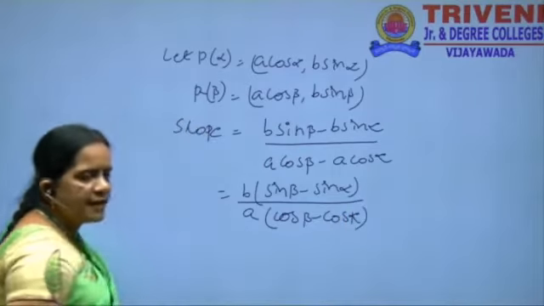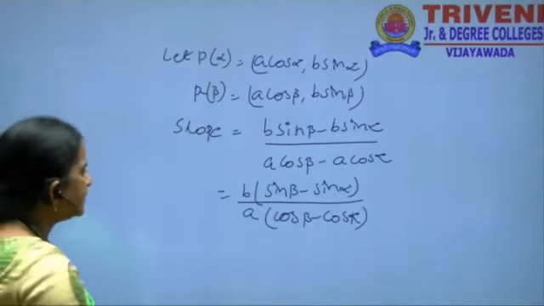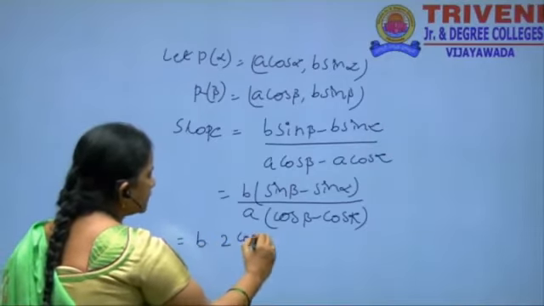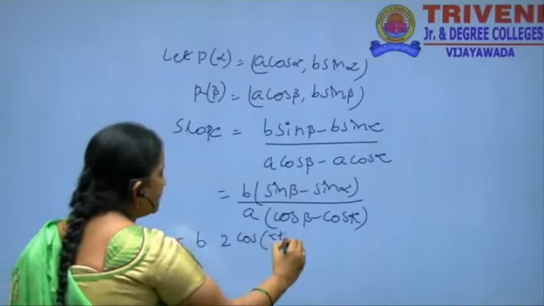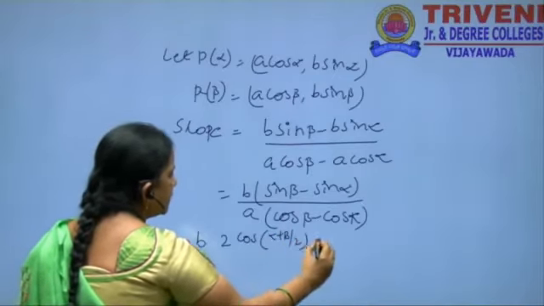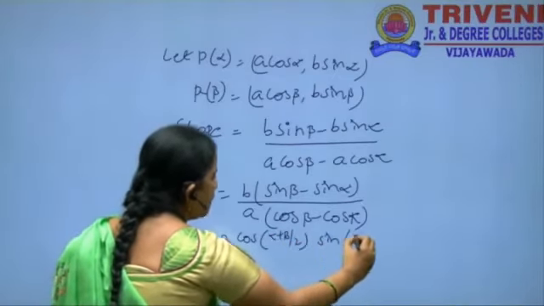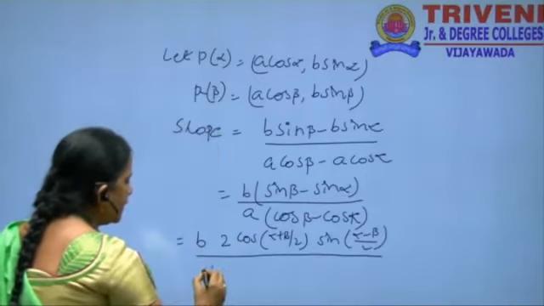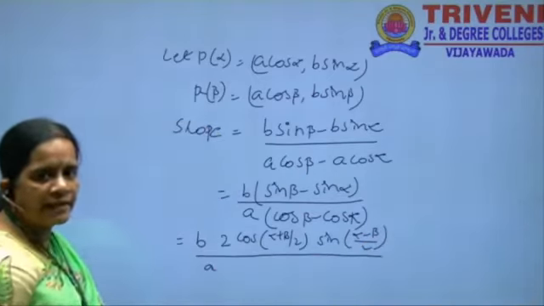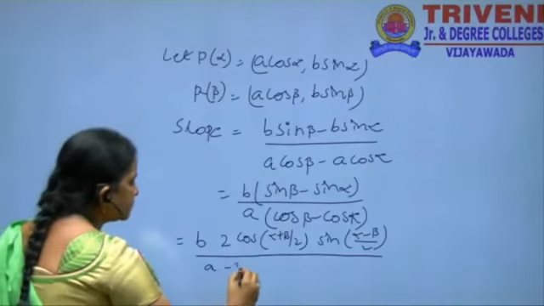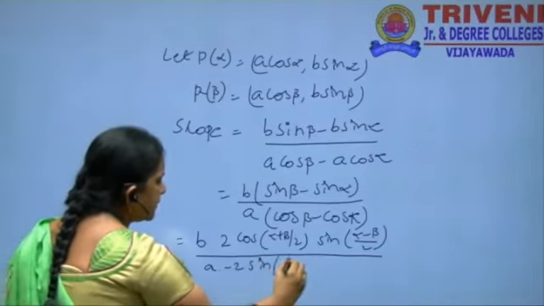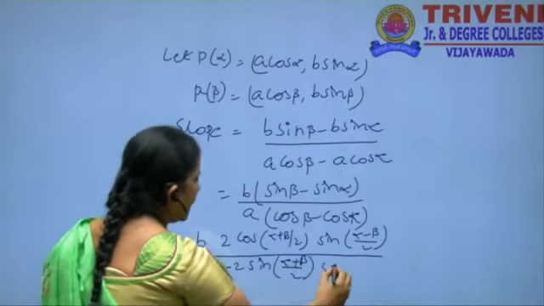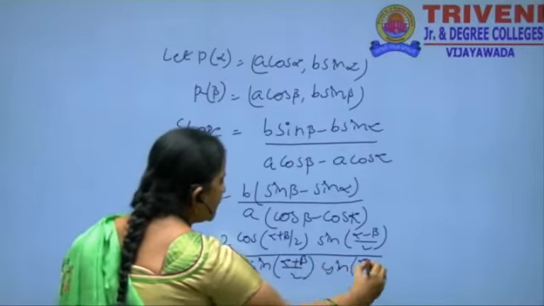We know the trigonometric formulas here. Sin beta minus sin alpha is equal to 2 cos (alpha plus beta) by 2 into sin of (alpha minus beta) by 2. Here A into cos C minus cos D, that is minus 2 sin (C plus D) by 2 into sin (C minus D) by 2.